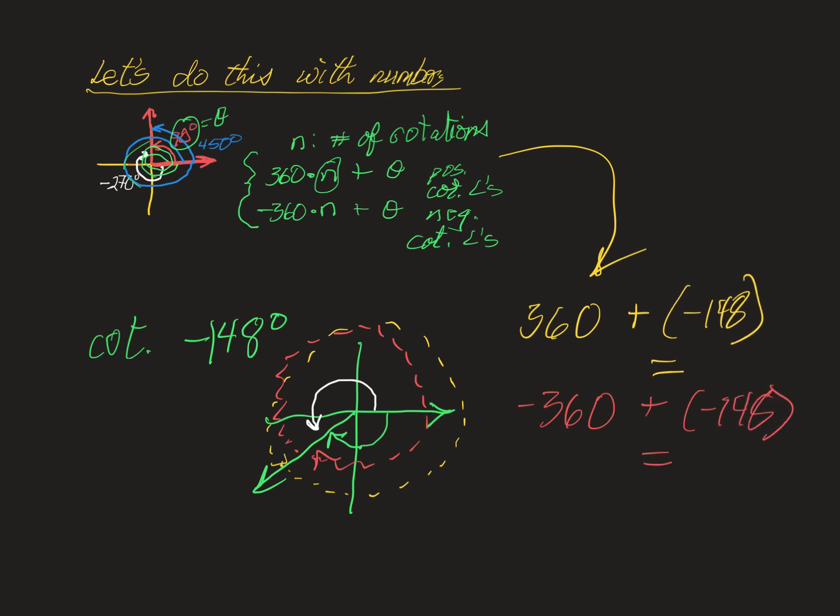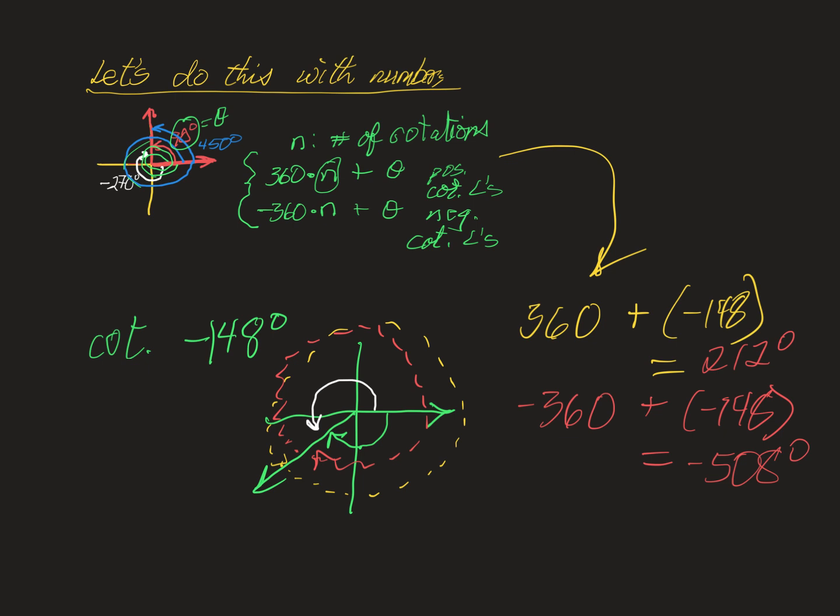And if I do the math on these, this will be negative 508 degrees. And this one will be 212 degrees. All right. And those angles are coterminal to negative 148.